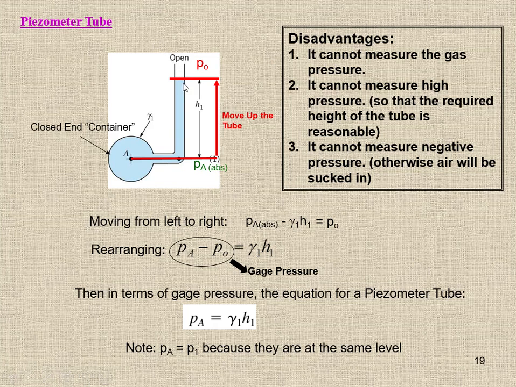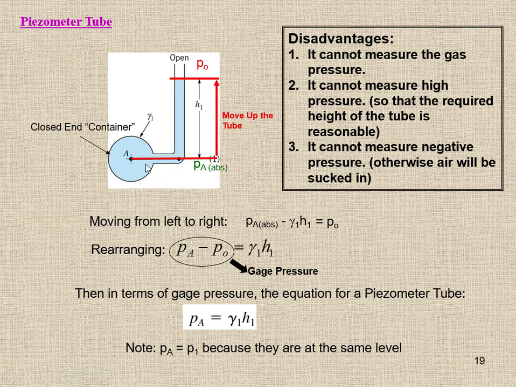We will not attain any height of column. So the piezometer does not measure the pressure of gases. It also cannot measure high pressure, because the required height of the tube must be reasonable. There is another disadvantage.